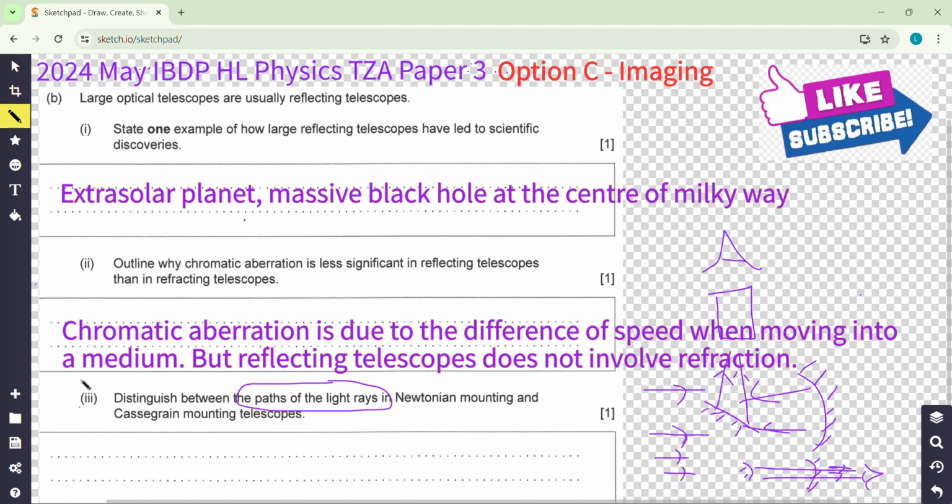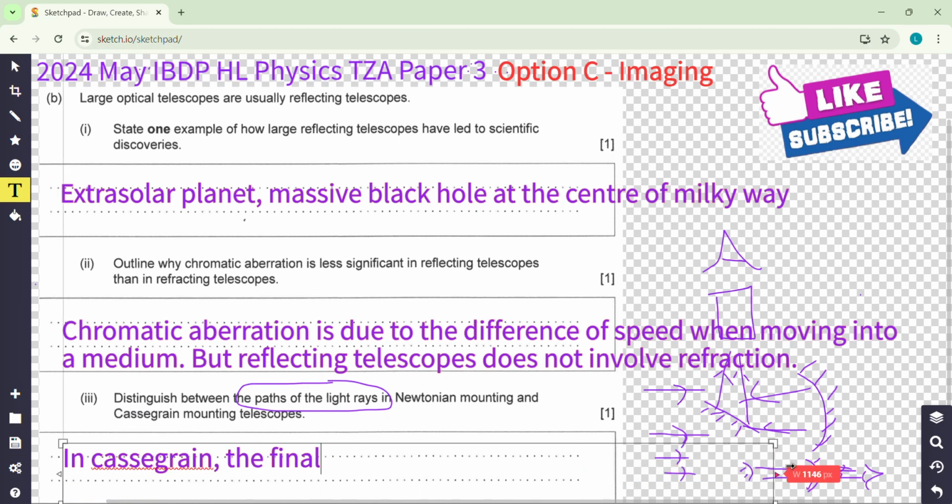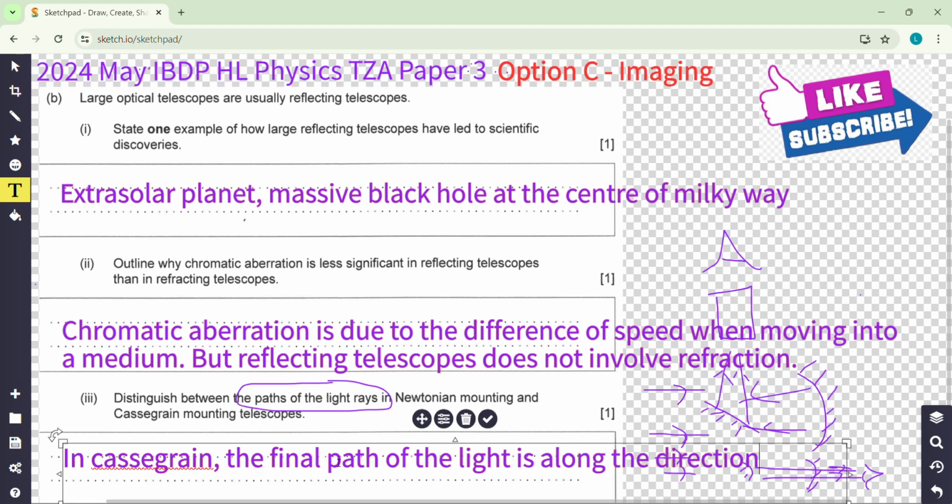I suggest to say this. You can say in your answer, it's okay. In Cassegrain, the final path of light is parallel or along, okay, along the direction of the star.